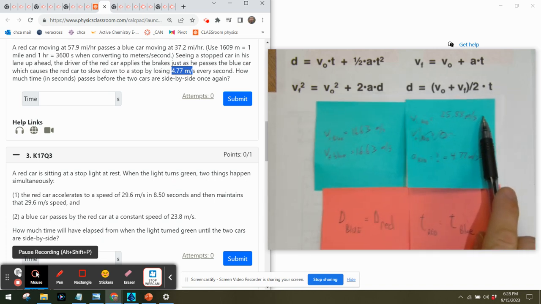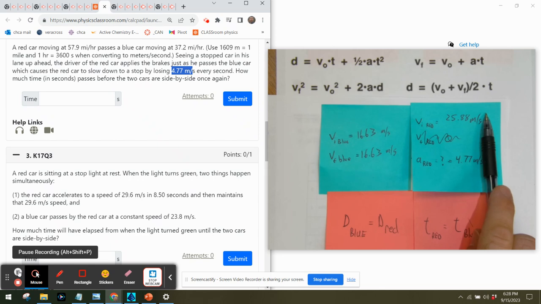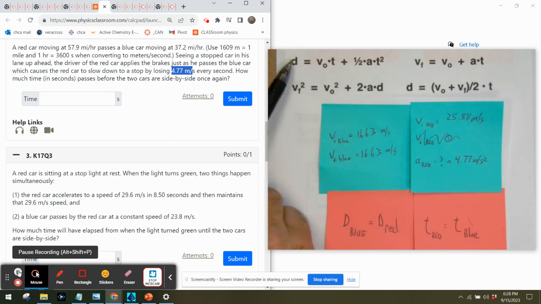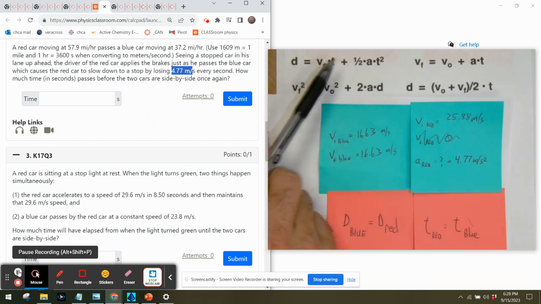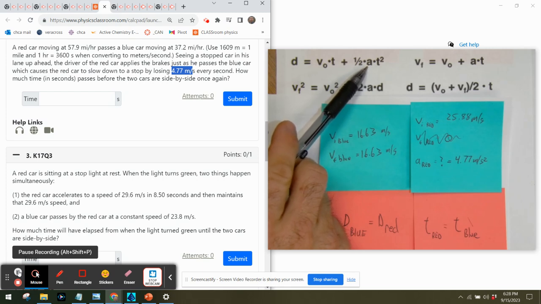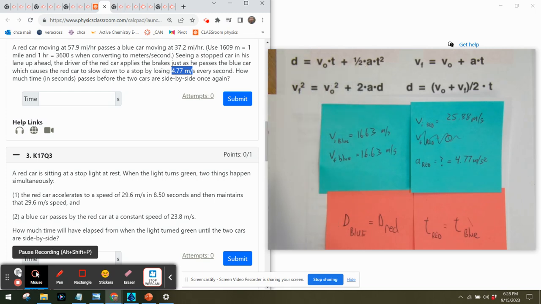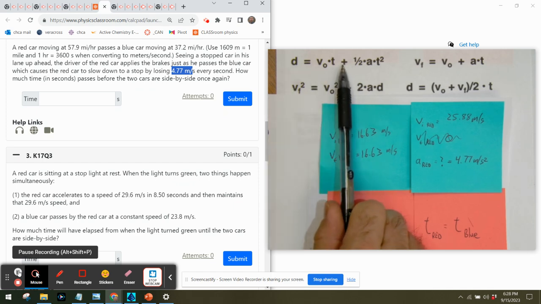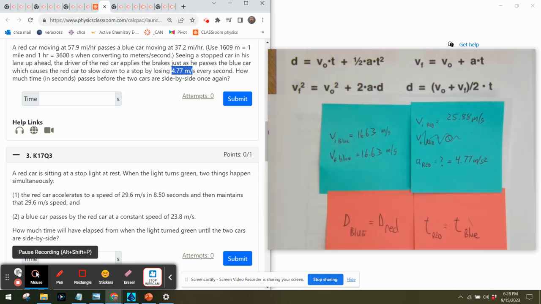It pretty quickly emerges that this equation right here is probably our best bet, because it's got distance, it's got time, and it's got acceleration. I'm not saying that none of those others would work, but this is an obvious one that I know will work.